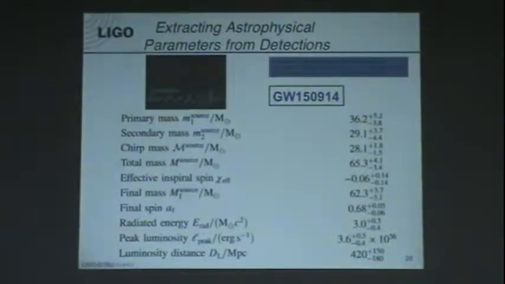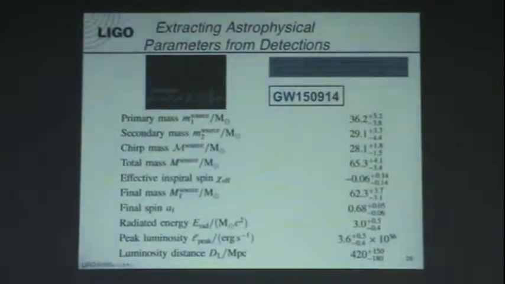So for these particular black holes, we don't know what the effective spin of the initial black hole was. The final mass was 62 solar masses. The final spin, that's the spin of the final black hole that was left over, we don't measure that, but we calculate it using numerical relativity and from other sources. And we see that it's not quite maximally spinning, it's got a spin of about 0.68.